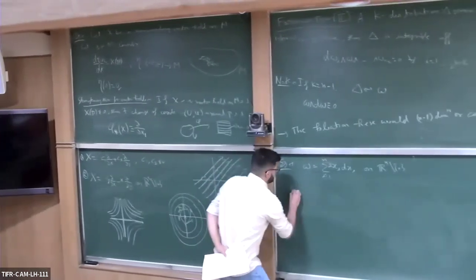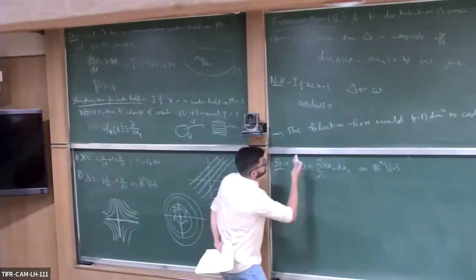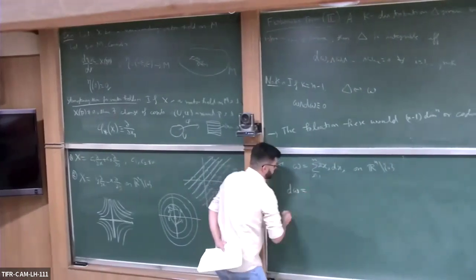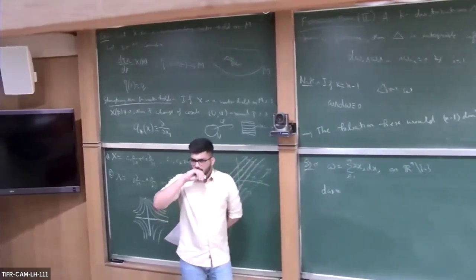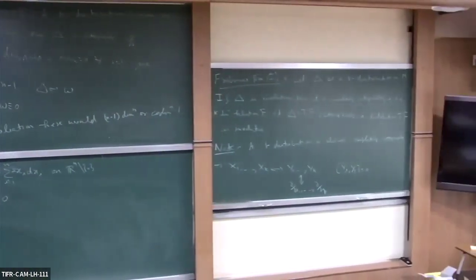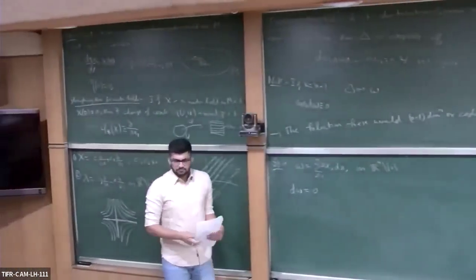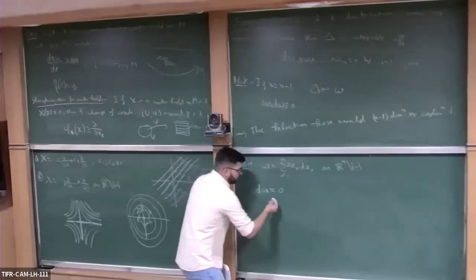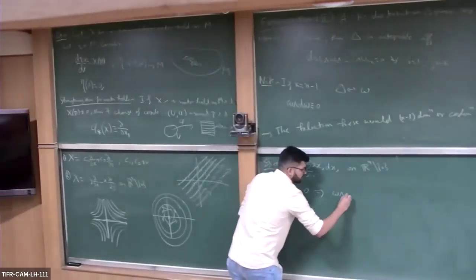First of all, let's check the condition. The condition is true because this omega is closed. If you calculate, d omega is 0, in the same coordinates d x_i. So d omega is 0 means omega wedge d omega is 0.